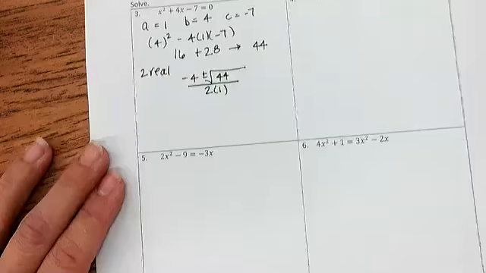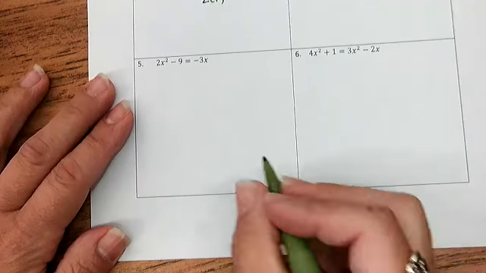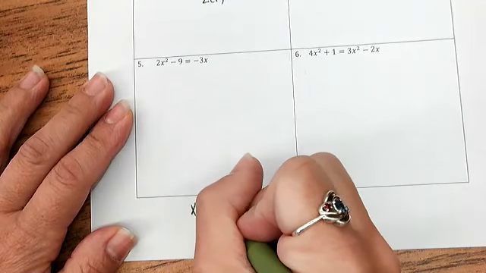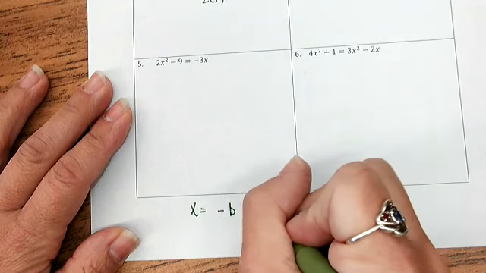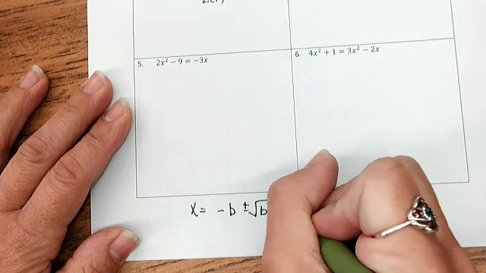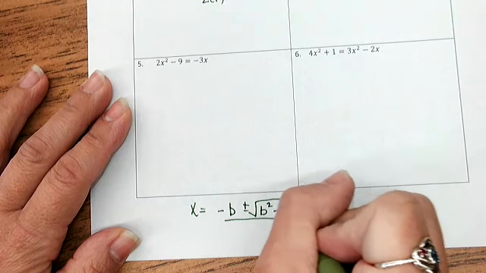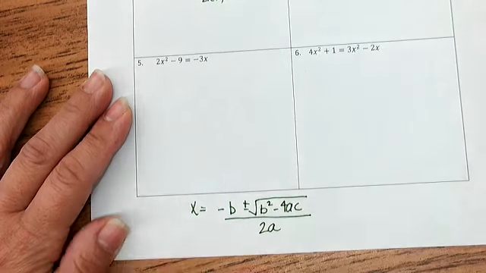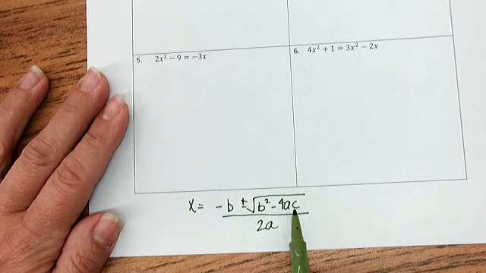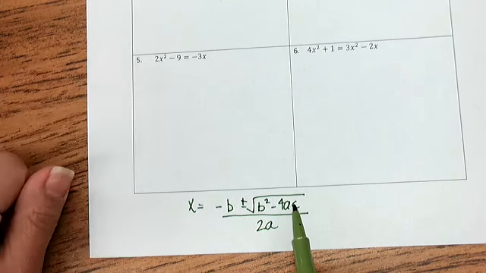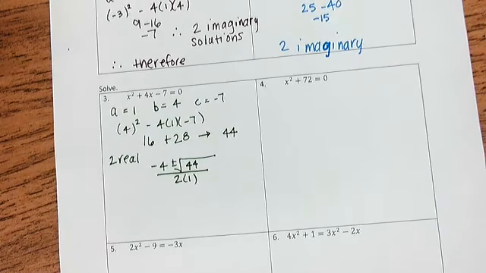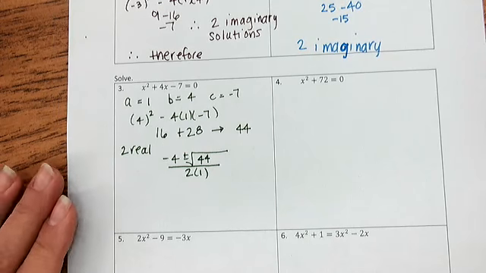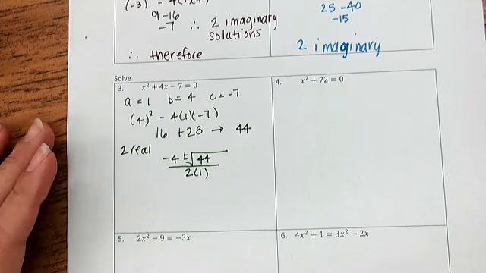Right at the bottom here, in case you've forgotten the quadratic formula. X equals opposite of b, plus or minus the square root of b squared minus 4ac all over 2a. And b squared minus 4ac is the discriminant. So I just found out in number 3 that the discriminant was 44. So I'm halfway done.